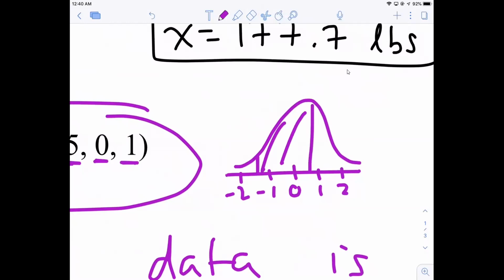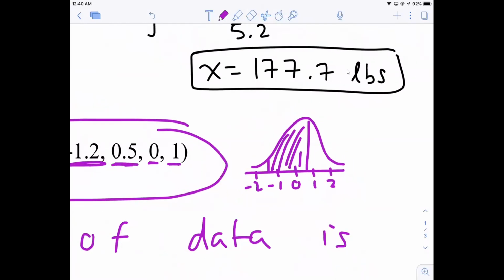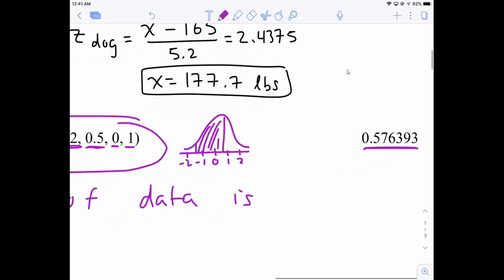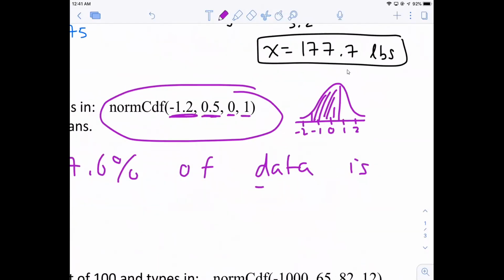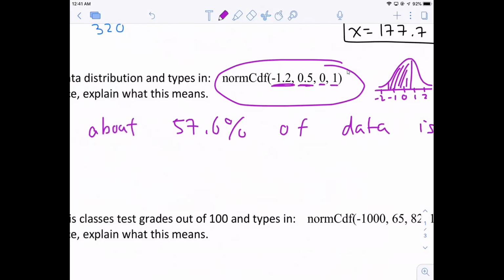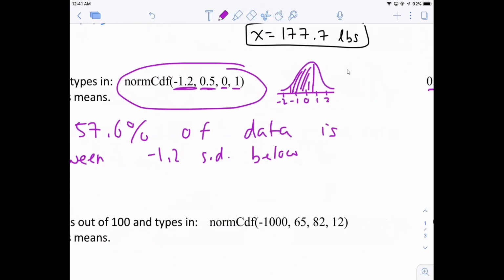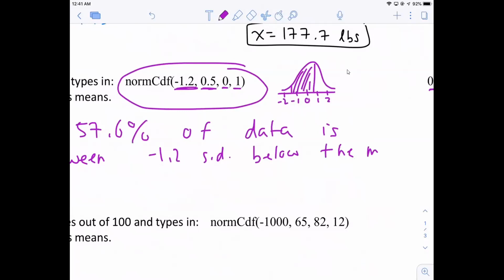So it's looking at this area, and it's saying that area is 0.576393. So we can say 57.6% of the data is between 1.2 standard deviations below the population mean and 0.5 standard deviations above the mean.